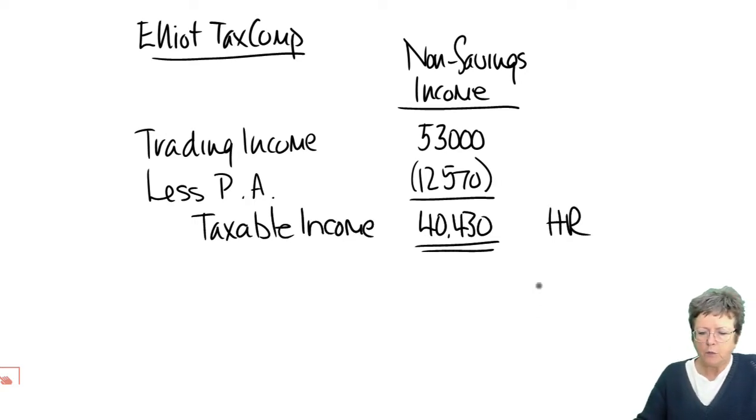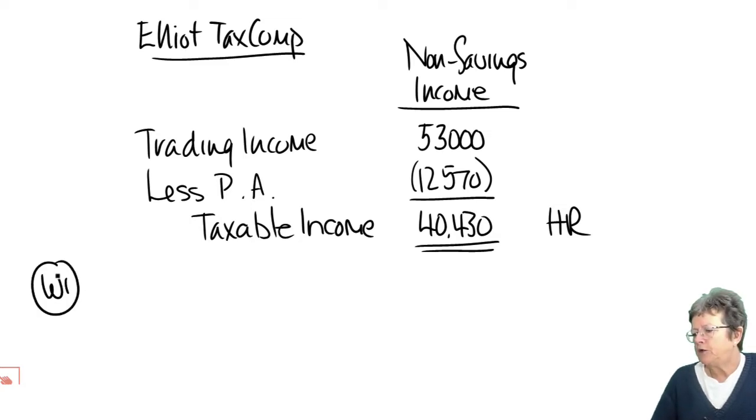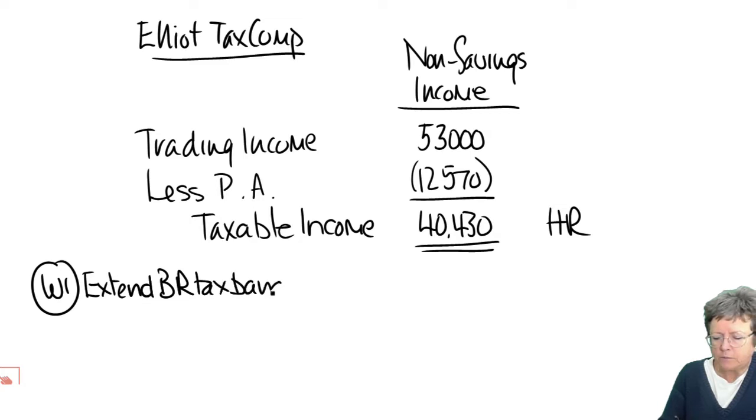So we need to do some workings. Working number 1 would be to extend his basic rate tax band. That's the normal limit.